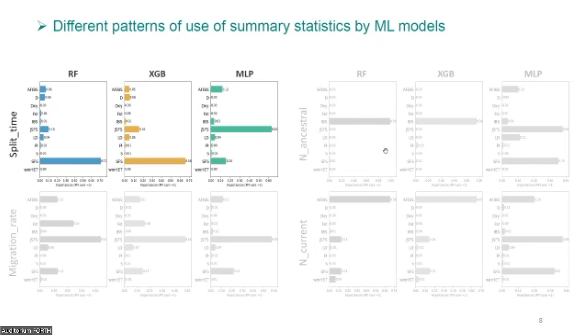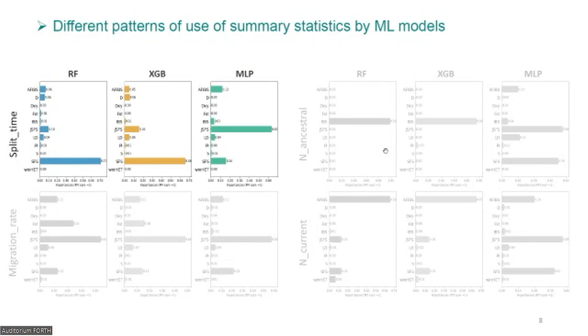So here we have our classes of summary statistics, and the bars represent the importances computed with the permutation feature importance method for the different regression models. And so for the random forest and the XGBoost, what we can see is that even though the XGBoost performed a bit better than the random forest, actually they used quite the same classes of summary statistics. In particular for this demographic parameter, the site frequency spectrum.